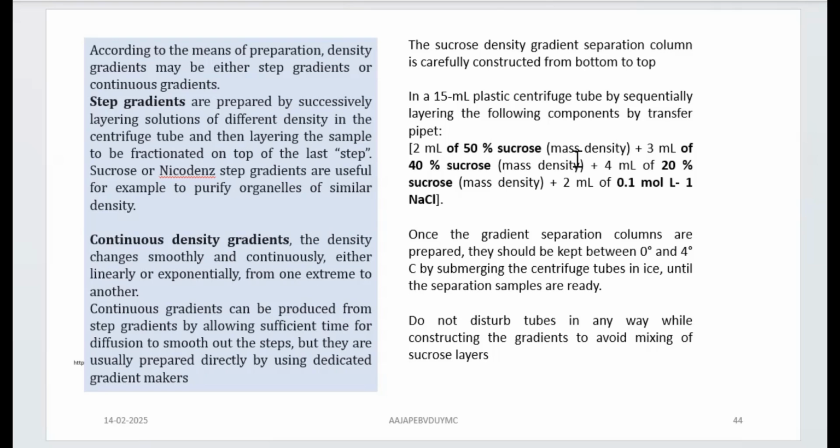That is how a continuous gradient would generate. So you have to allow diffusion of these layers, so you are going to hold the tube after the step gradient is prepared. You are going to hold it for a longer time and then allow the diffusion to occur. Then you can expect that a linear gradient is generated due to diffusion of molecules in the centrifuge tube.